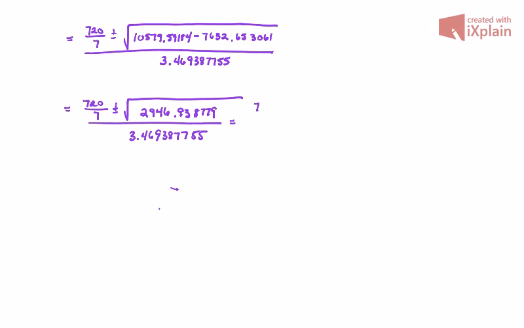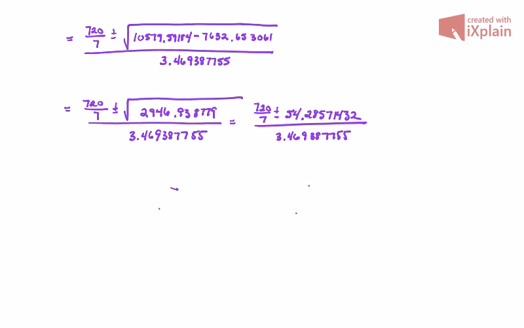Continuing on, I still haven't addressed this 720 all divided by 7. But if I take the square root of the 2,946.938779, this comes out to 54.28571432 all over 3.46938775.